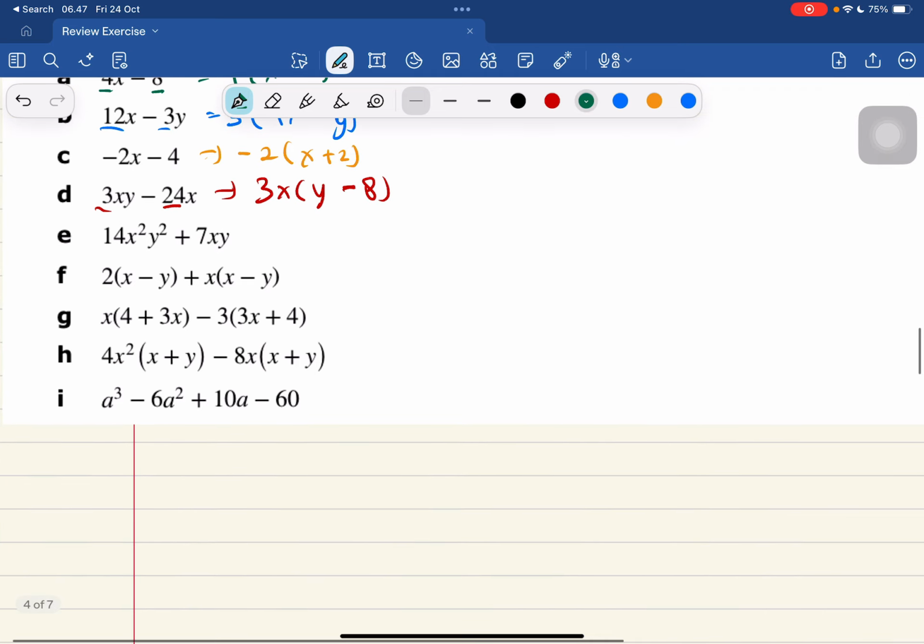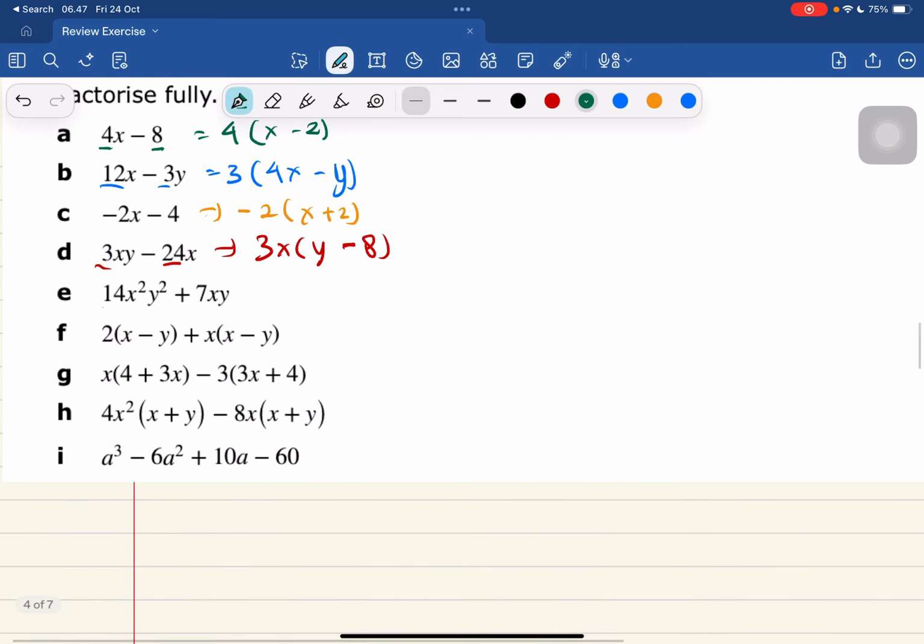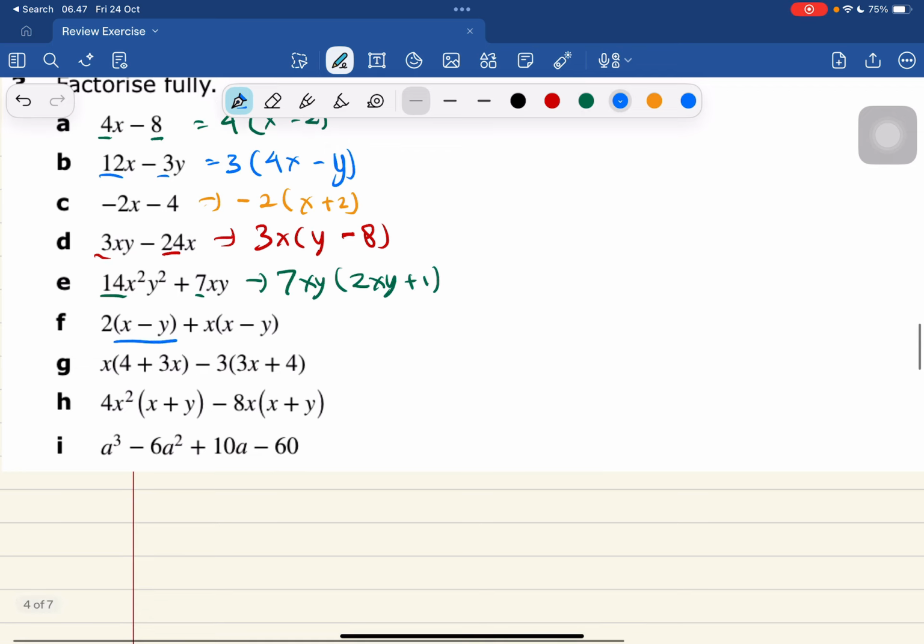Next, look at the numbers. So we got 14 and 7. The highest common factor is 7. We got x squared, y squared, and xy, so this is only xy. So this is 2xy plus 1. Okay, we got x minus y, x minus y. So this is the factor, x minus y, and then multiply by 2 plus x.